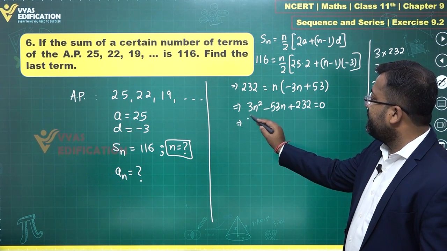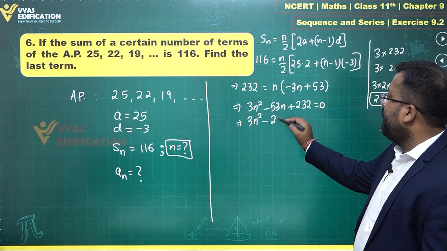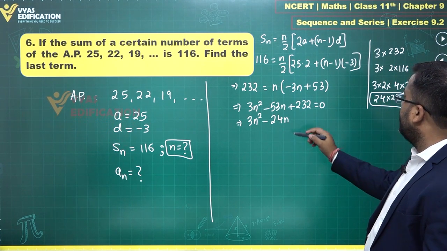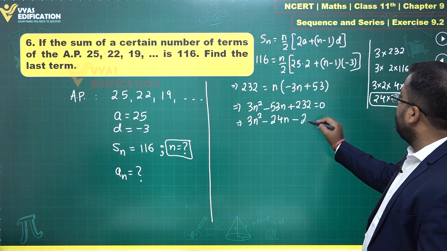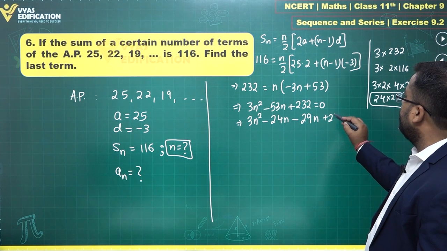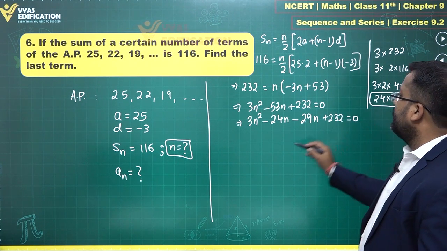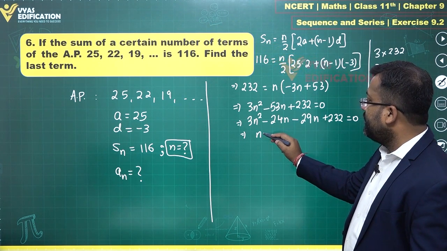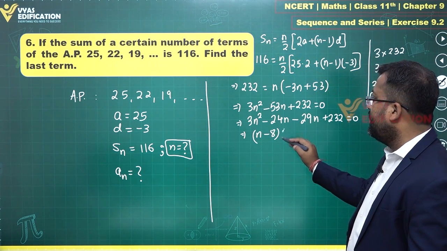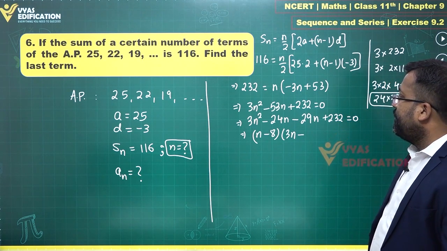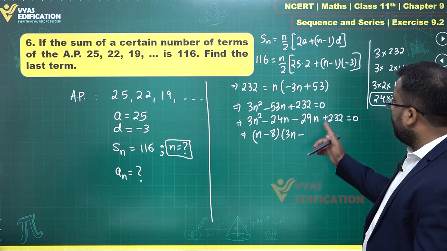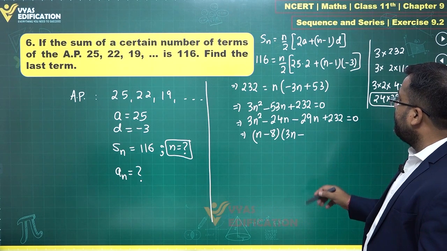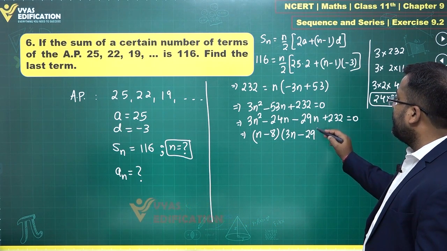So this can be factorized as 3n square minus 24n minus 29n plus 232 is equal to 0. Factorizing this, 3n will come out common. What will remain is n minus 8. And the other term will be, can you take out 29 common from here? Yes, 29 comes out common.